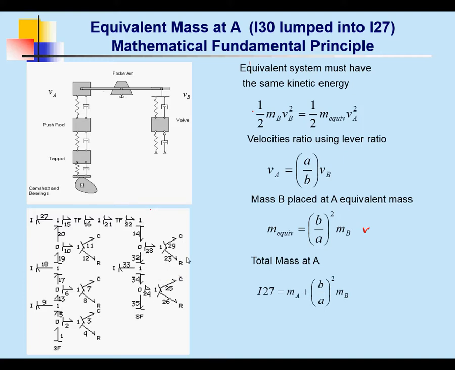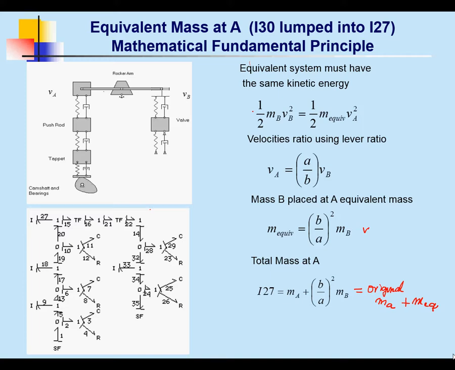Now what we are saying is that I-27 is equal to the original MA plus the equivalent mass.